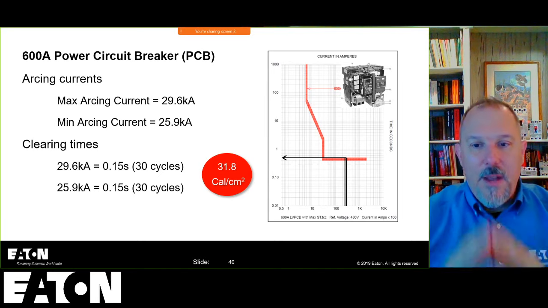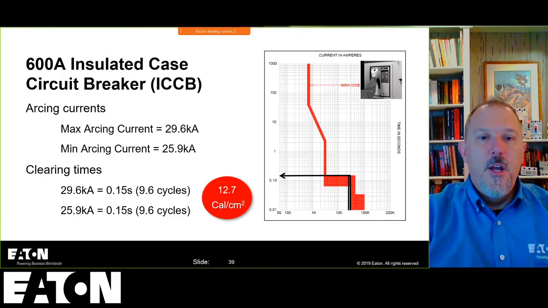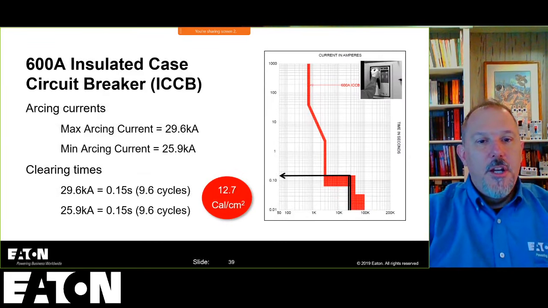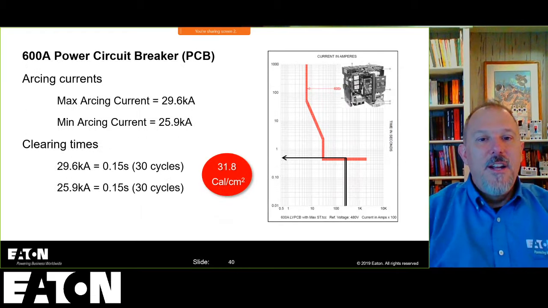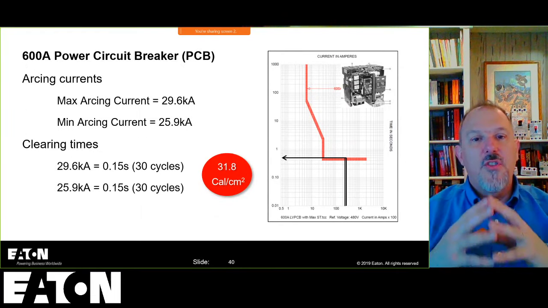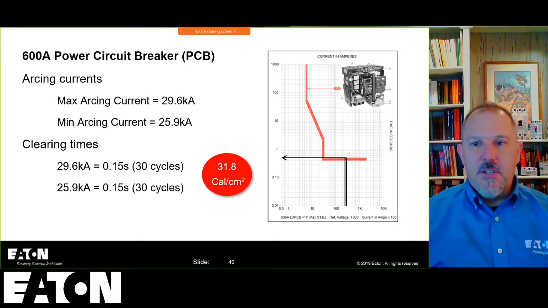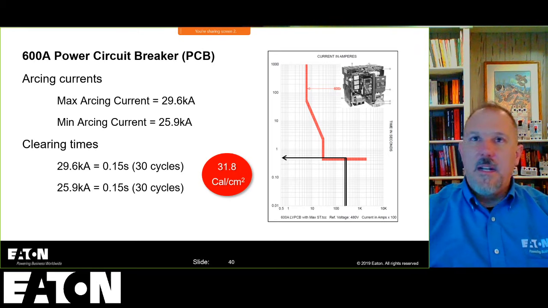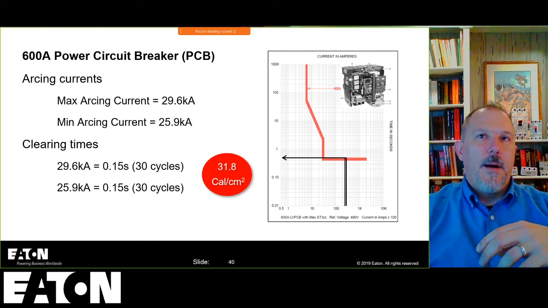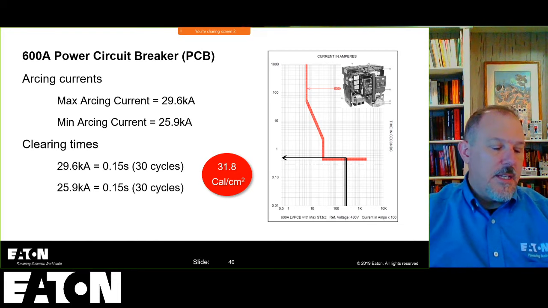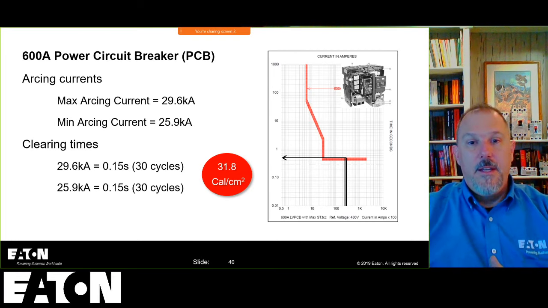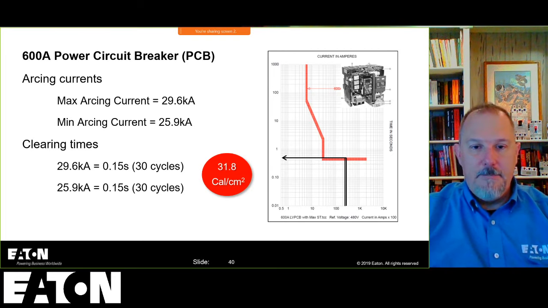So what we just went through, we went from 0.6 calories to 12 calories to 31 calories, almost 32 calories. All three are 600 amp breakers. All three of those have different clearing times. So when people ask about different types of overcurrent protective devices and will one give me a different number, it's all about the current and it's all about the clearing time.